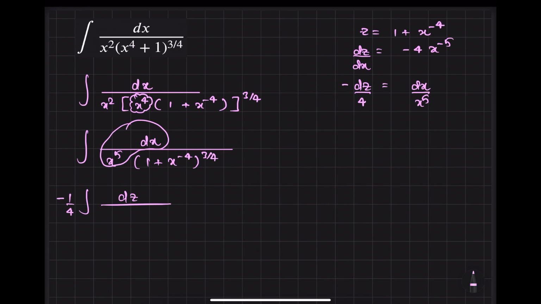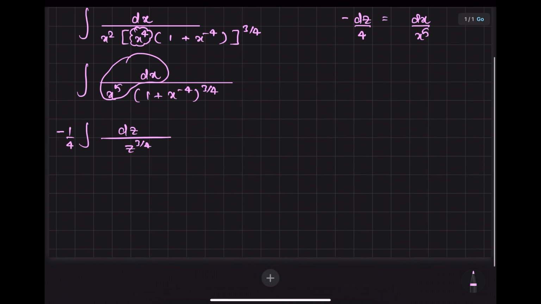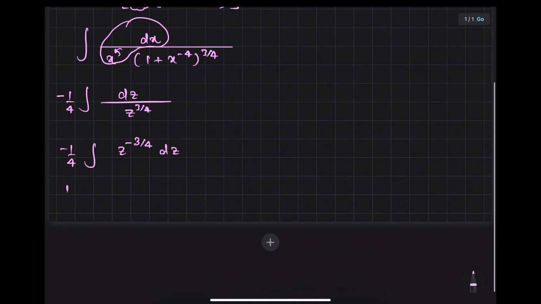Minus 1 by 4 and z power 3 by 4. Now let's do the integration part. It is minus 1 by 4 integration of z power minus 3 by 4 dz. Now let's do the integration.